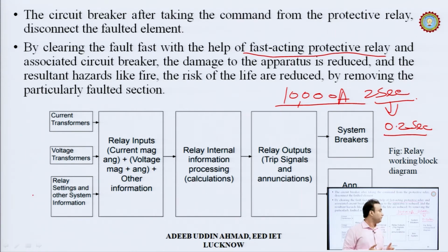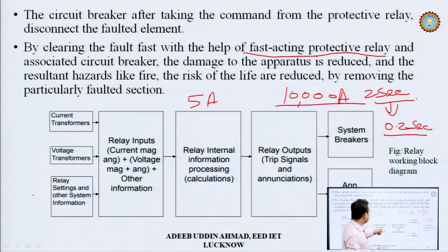For example, if current in this section exceeds 5 ampere, we can understand this is a faulty condition. If the current is below 5 ampere, we can say this is an okay or healthy condition. So, we are going to compare this current.